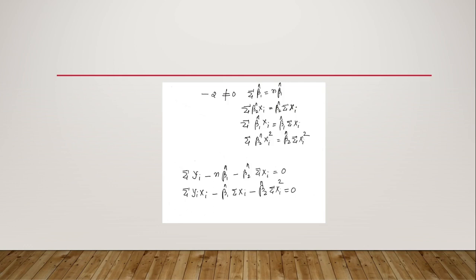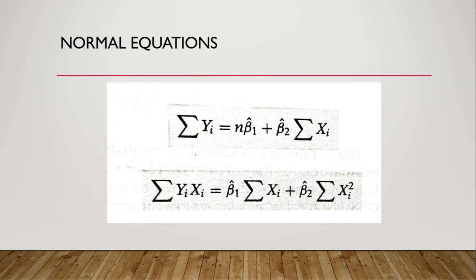In the next equation, we have sigma yi xi minus beta 1 hat into sigma xi minus beta 2 hat into sigma xi square is equal to 0. So by rearranging these equations, we get two normal equations.